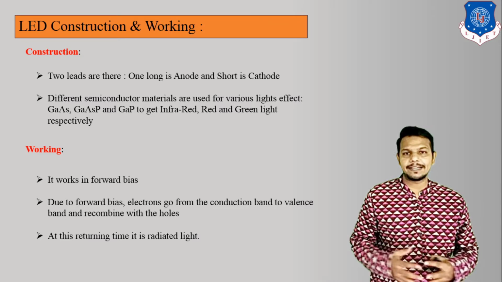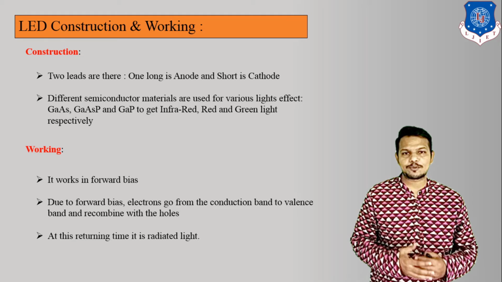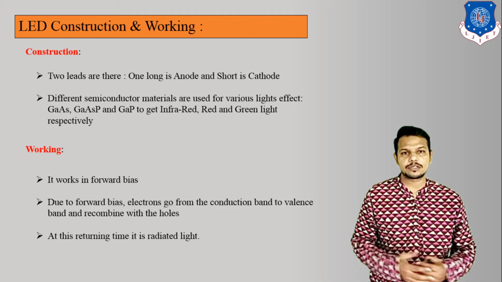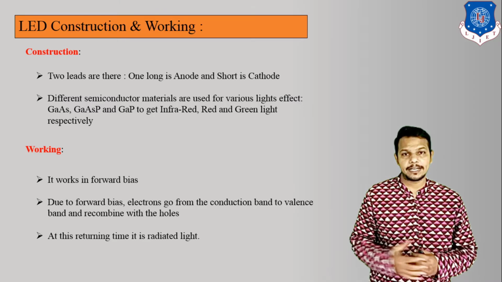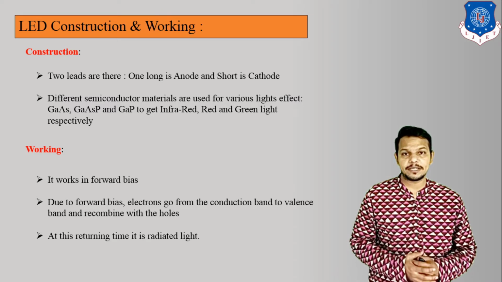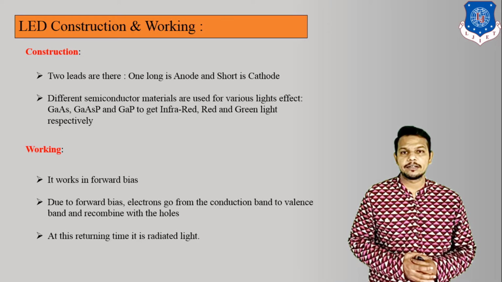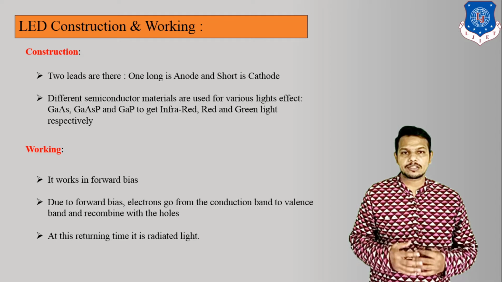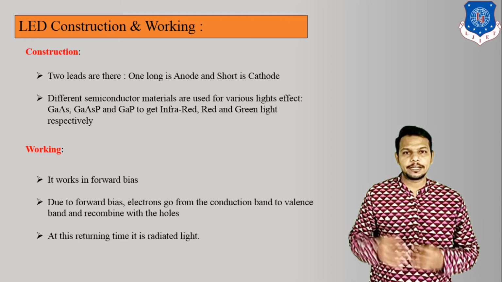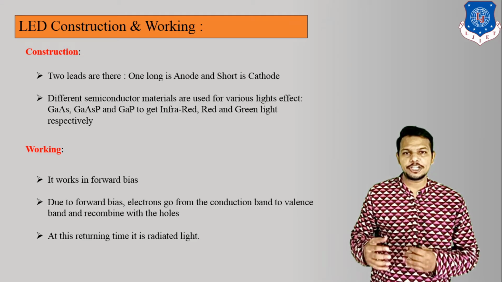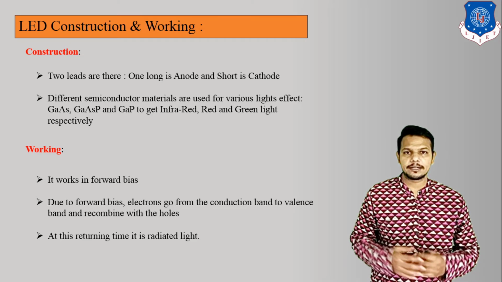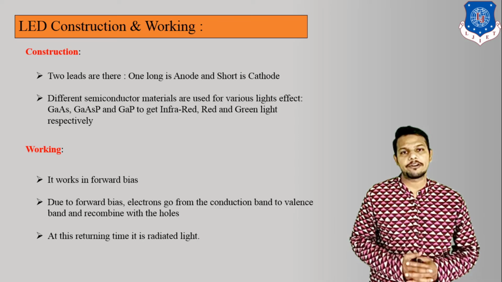In an LED, different types of semiconductor materials are used for various light effects. For example, GaAs, gallium arsenide, GaAsP, gallium arsenide phosphide, GaP, gallium phosphide, etc. Because we want a few different lights. If you are using GaAs material, you will get infrared light.